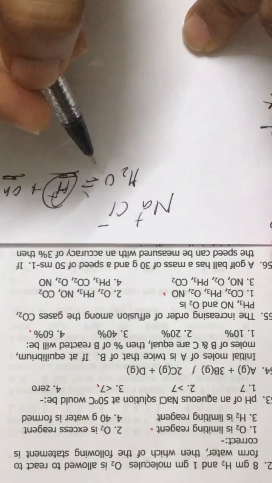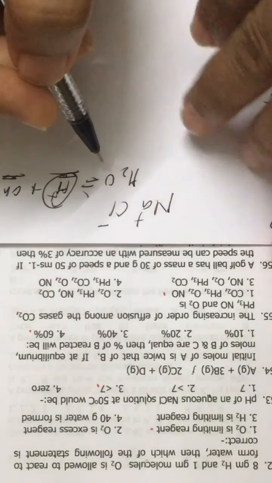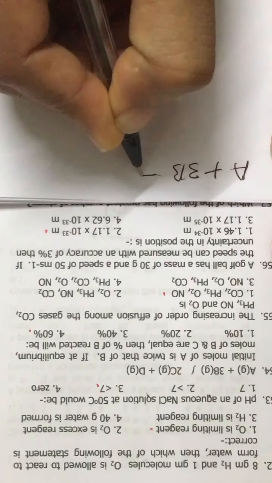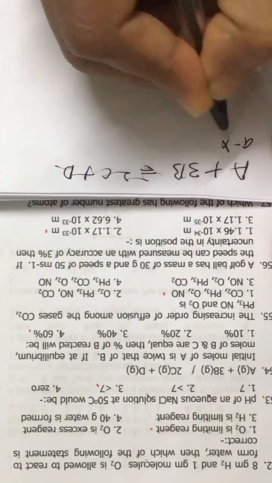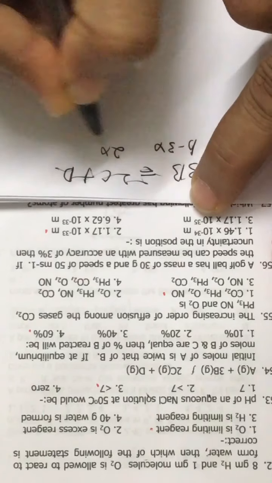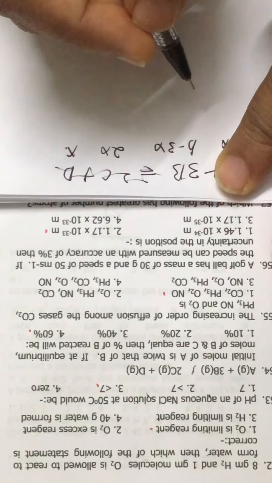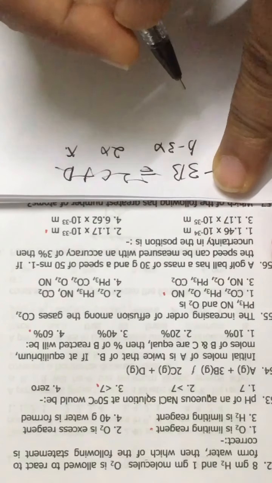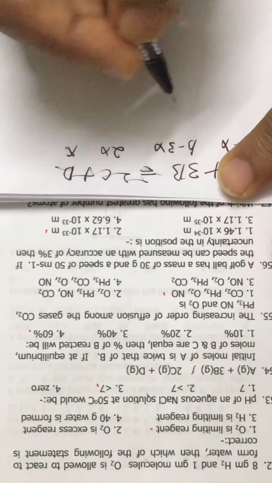Now look at question number 54. We are given a reaction, that is A plus 3B equals 2C plus D. So this is A minus X, B minus 3X, 2X and X. Now it says the initial moles of A is double that of B, and at equilibrium the number of moles of B and C are equal.